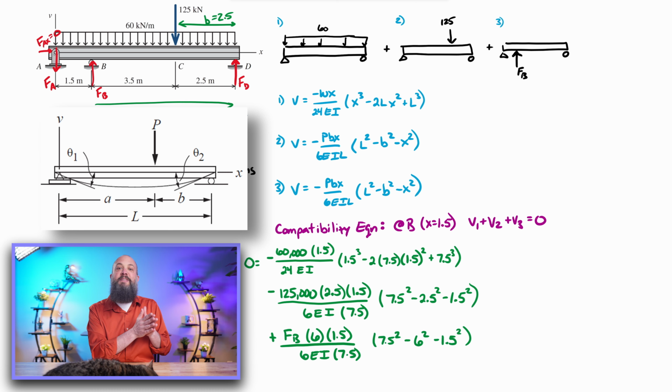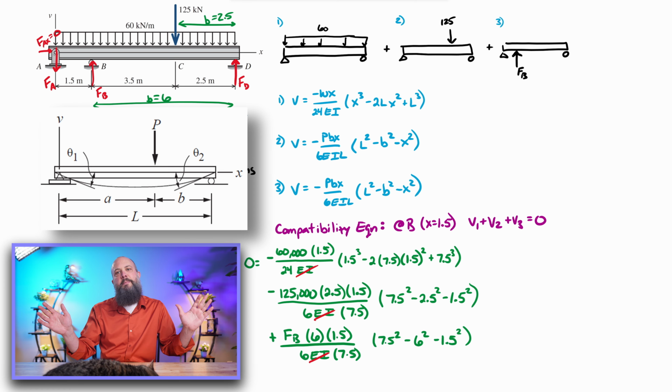So we got lowercase b of 6 for this version, but x is still 1.5. That's still the point up from the left side to B. And now you see the reason that I waited on EI is because there's EI in the denominator of all three terms in this equation, so it cancels out. If I just multiply everything by EI, it disappears.